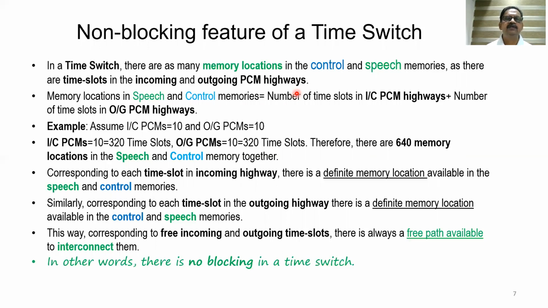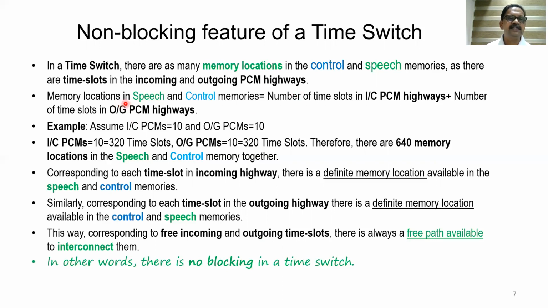So here, before arriving at the conclusion that time switch is a non-blocking one, first we will estimate the memory locations. So we have incoming PCMs and outgoing PCMs. You have memory locations for speech as well as control. So we will estimate how many memory locations are there.